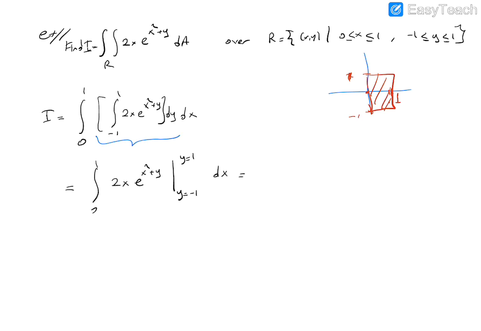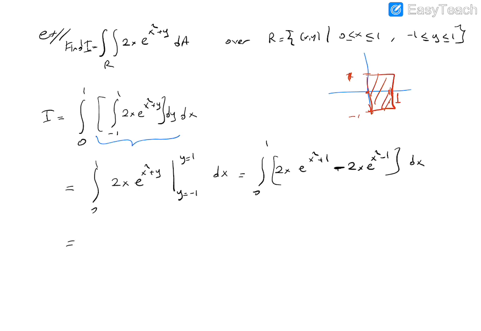So for y equals 1, 2x e to the power x squared plus 1. For y equals -1, minus 2x e to the power x squared minus 1 dx. So now we should calculate these differences, or the integral of these differences.